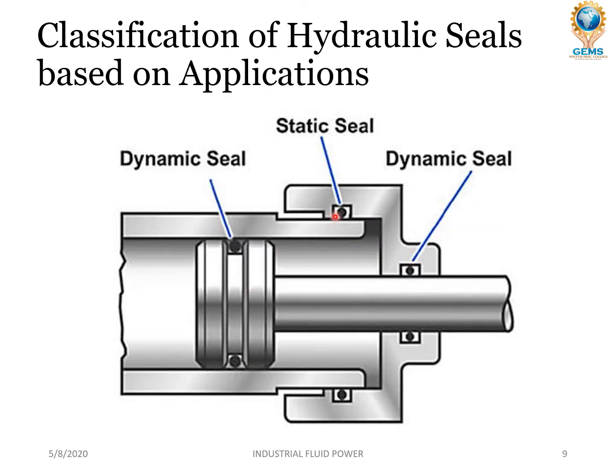Let's see this. This is the static seal. This seal is used in the end cover. In this end cover you don't have any motion, but these seals are also used between two mating parts. These are the two mating parts, but they don't have any motion.